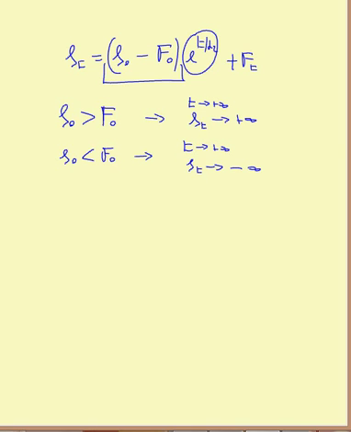So in order to have a stable solution of the exchange rate, we need to impose that St is equal to Ft. So we need to impose that the value of the exchange rate at time t is equal to the discounted value of economic fundamentals at time t.